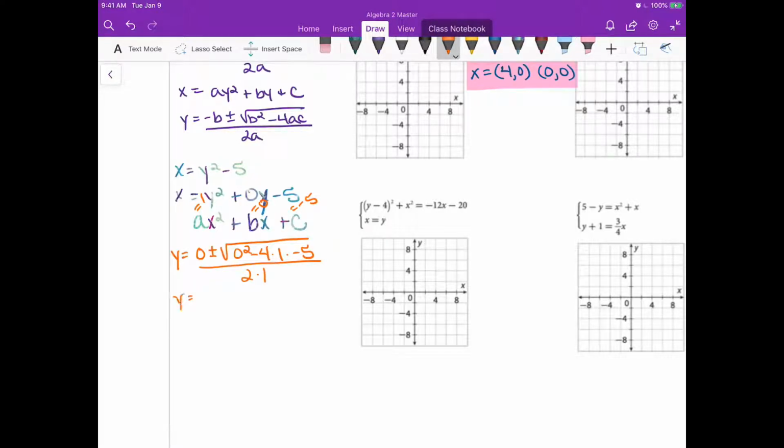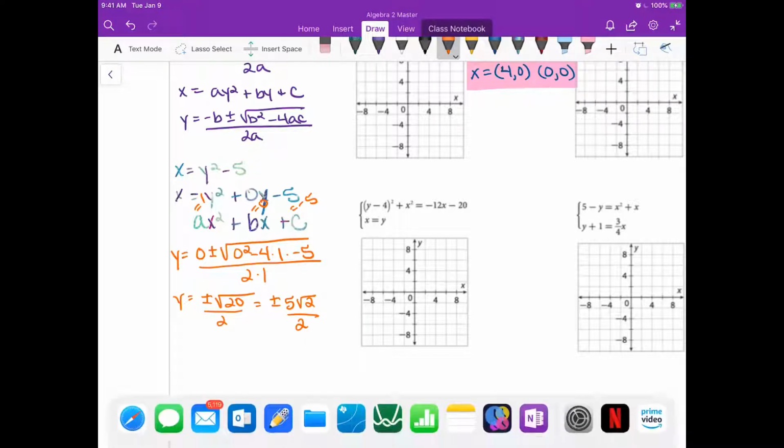And now we simplify. We have positive or negative square root of 20 over 2, which is equal to positive or negative 5 root 2 over 2.